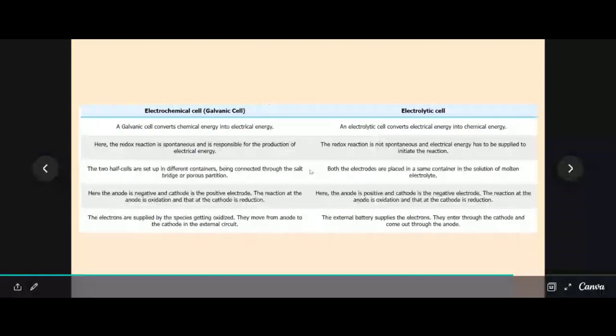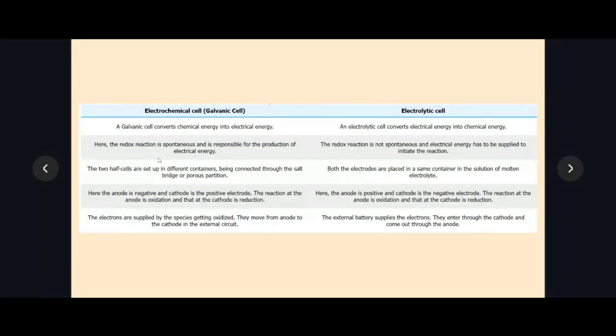Okay, so here are the differences between the electrochemical cell, the galvanic cell, and the electrolytic cell. I'm not going to read this for y'all, but basically the gist is that this one turns chemical energy to electrical, and electrical to chemical for this one. Another big thing to point out is that this is going to be the spontaneous part, and this is going to be the non-spontaneous reaction.